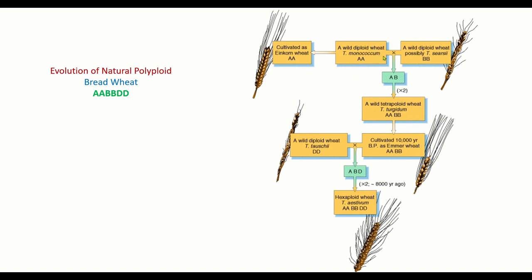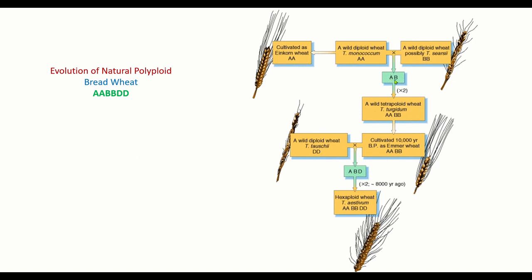It is initially crossed with a wild diploid which is not specifically known, suspected to be Triticum searsii, the source of the BB genome.